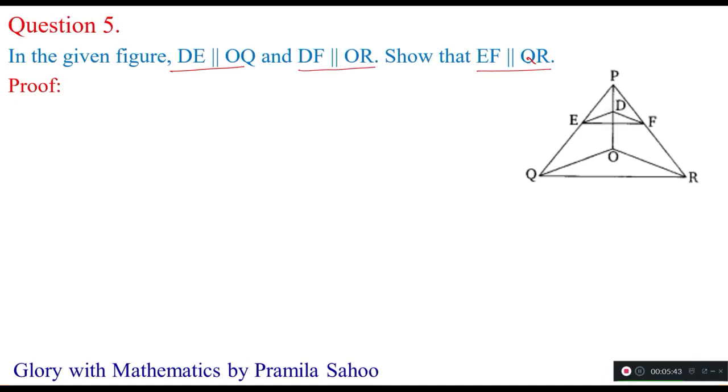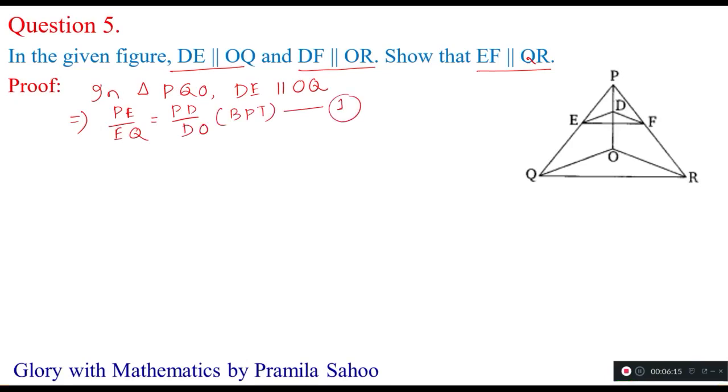So in triangle PQO, DE is parallel to OQ. So this implies PE by EQ is equal to PD by DO by BPT. This is our equation 1.